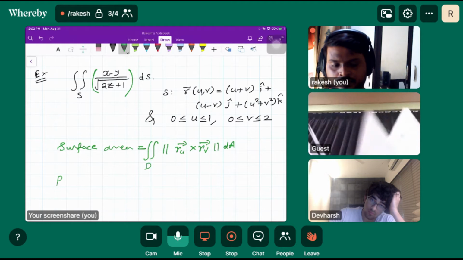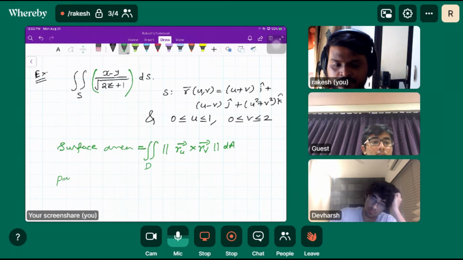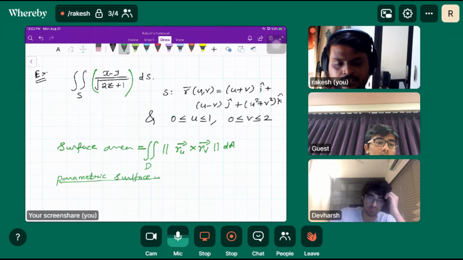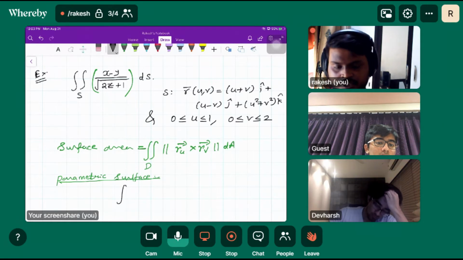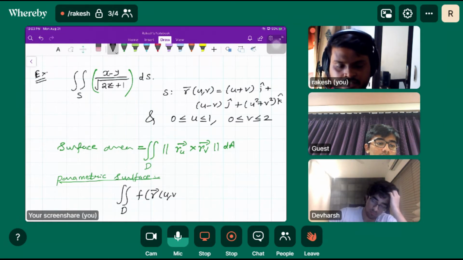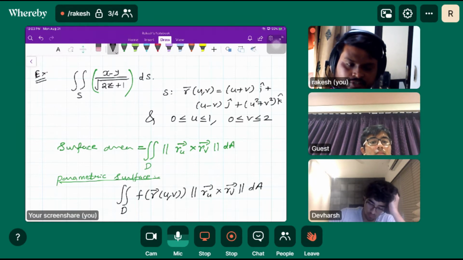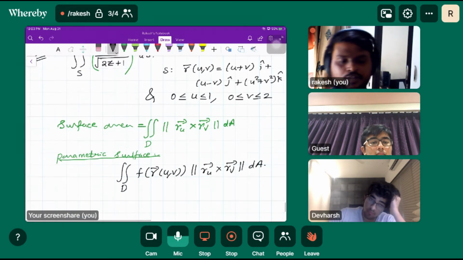Now for a parametric surface, if the function represents the mass density function, then this will be the function of r(u, v) times the magnitude of the vector product, dA. Got the point here?